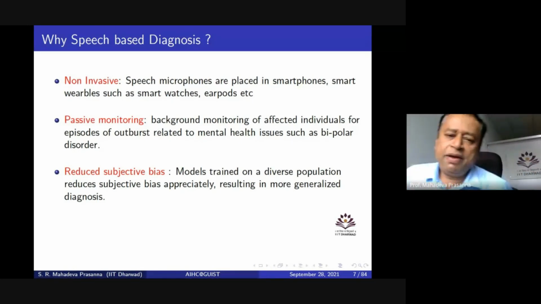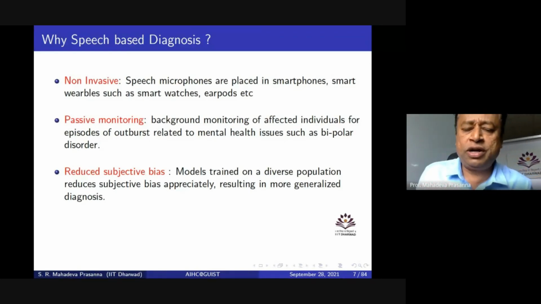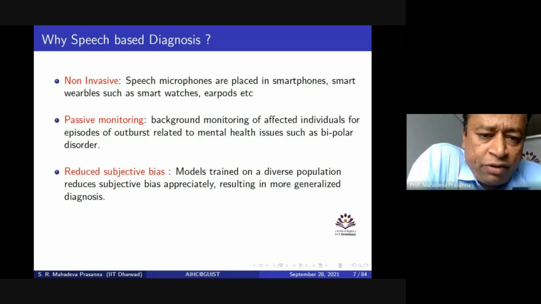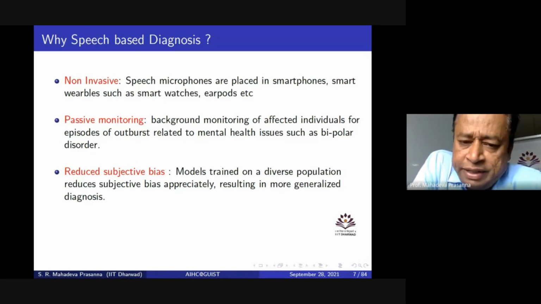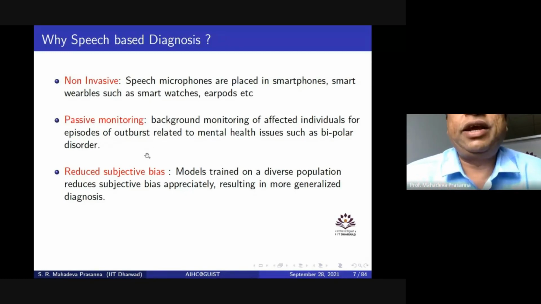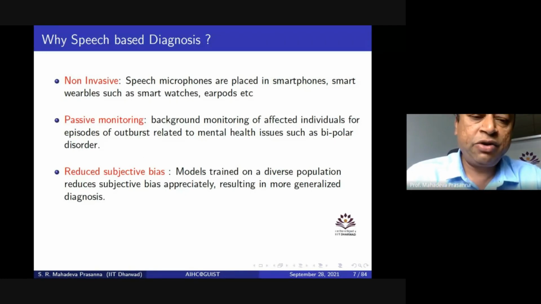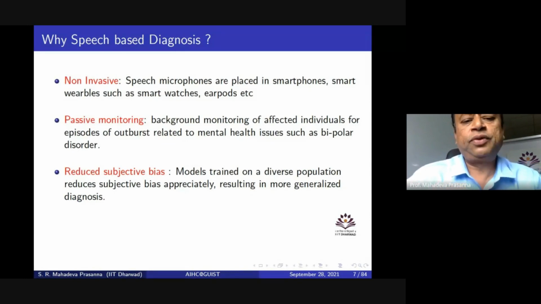Here, we are anyway carrying these consumer electronic devices, and we don't get intimidated by them because they just stay in our pockets or on our wrist, and will monitor whenever we speak. The speech data gets collected and then sent to the receiving point. So in that way, without much effort and without much disturbance to the subject, we can do passive monitoring.